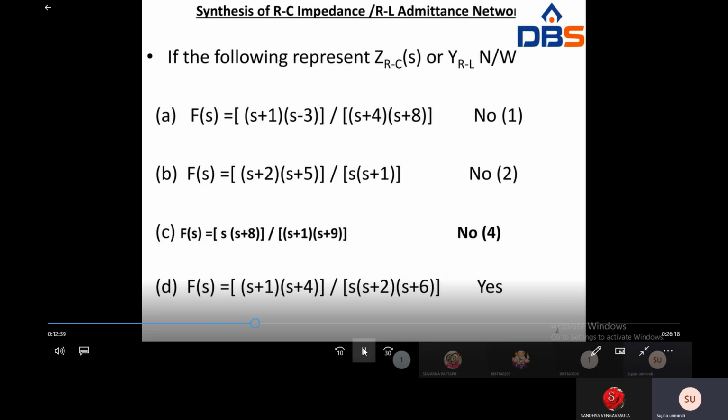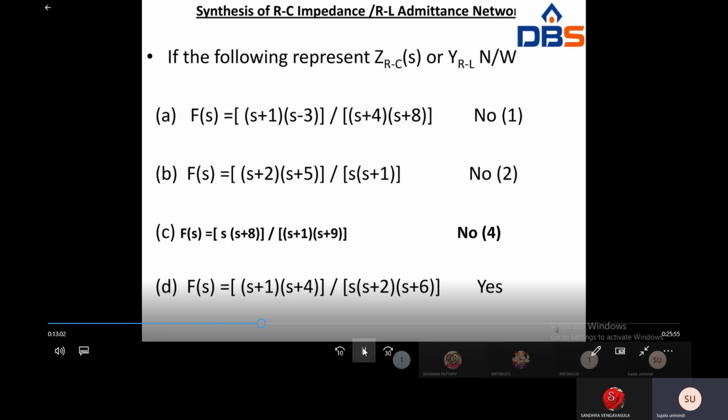So this is the synthesis of RC impedance or RL impedance. See that F(s) is equal to (s+1)(s-3) in the numerator, and in the denominator (s+4)(s-8). When you take the zeros in the numerator, what are the zeros?